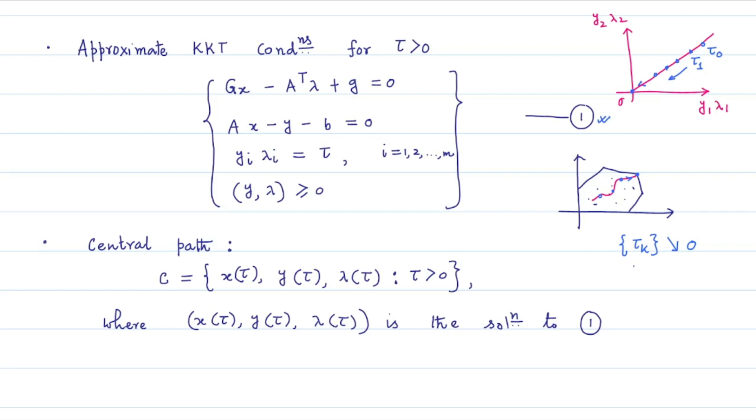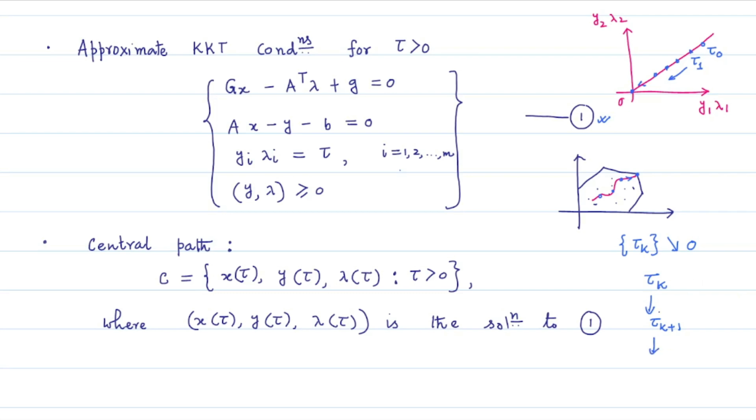Rather, for a given value of tau, let's suppose tau k, we will just take one iteration of Newton's method for this approximate KKT condition, and then in the next step we consider the revised value of tau, that is tau k plus 1. Then for tau k plus 1 you form these approximate KKT conditions and take just one iteration to find the next iterative point xk plus 1, yk plus 1, lambda k plus 1, and move forward.